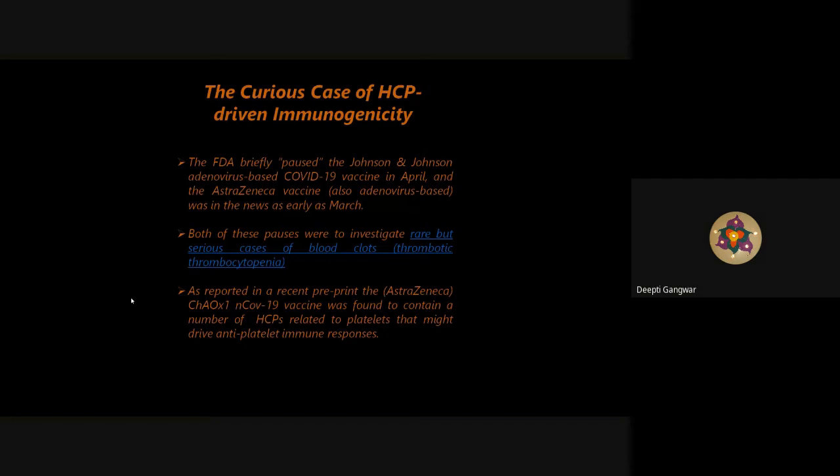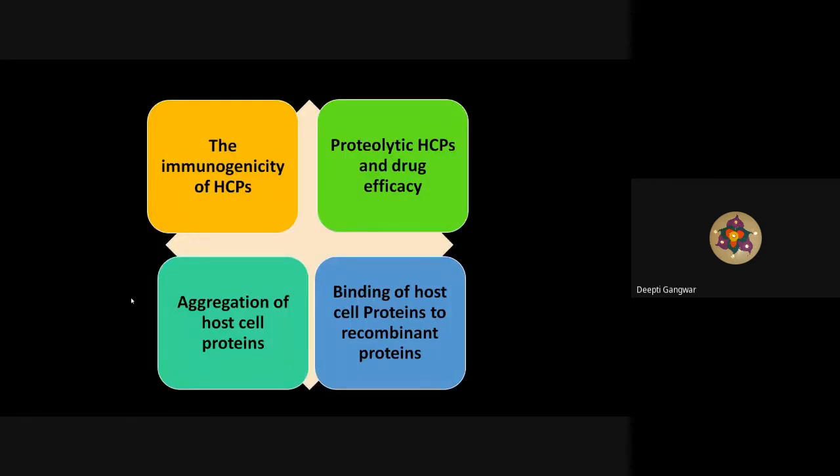Unless you can tell the authority that they are present below acceptable levels, you will not be able to qualify your molecule for the markets. The reason is that they are immunogenic, they will cause problems, they are a threat to the safety of the patient, and that is why it becomes very, very important.